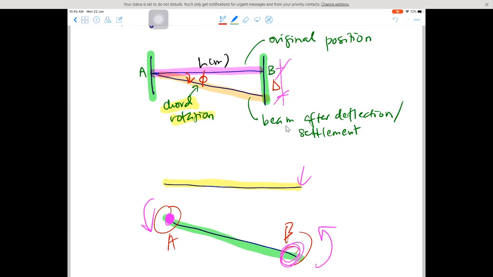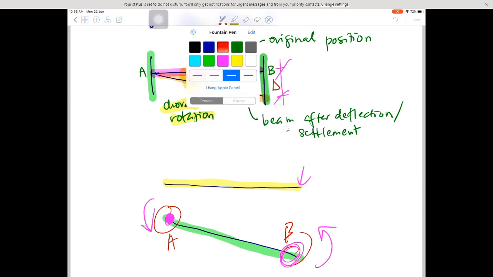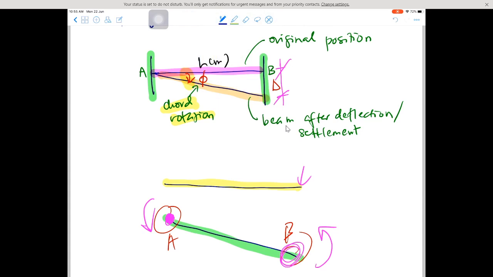The chord rotation will be measured from the original position to the new position. And the original position is horizontal, because the beam is a horizontal member. So the datum, or the original position, is horizontal.